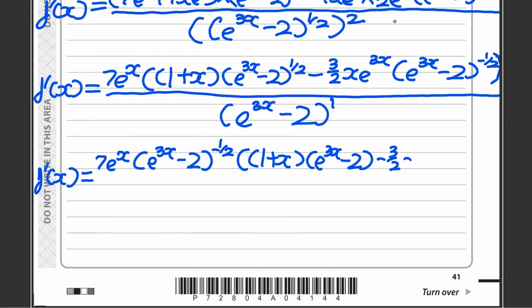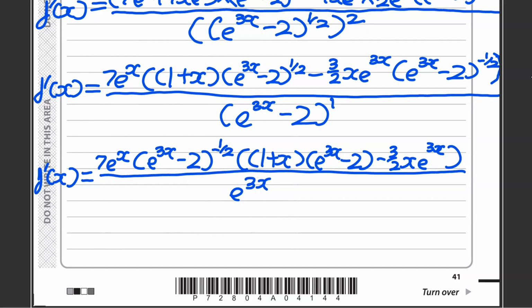This will now just be 3 over 2 x e to the power of 3x, like this here, and we factorized out this e to the power of 3x minus 2 to the power of minus a half, and all of this is over e to the power of 3x minus 2.